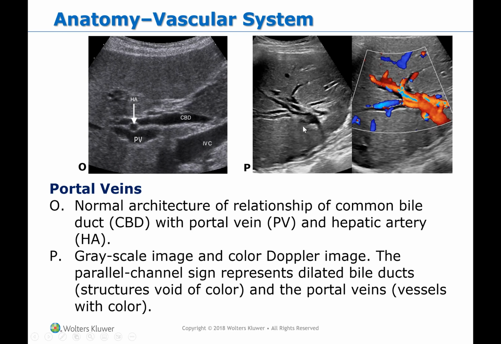When the bile ducts are enlarged, you're going to see the portal veins and the bile ducts running right next to each other. The bile ducts are enlarged, and so you can really see like a two-track through the liver.